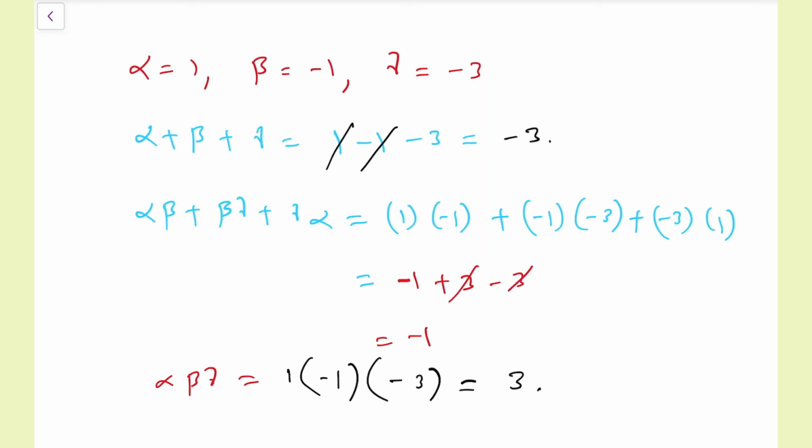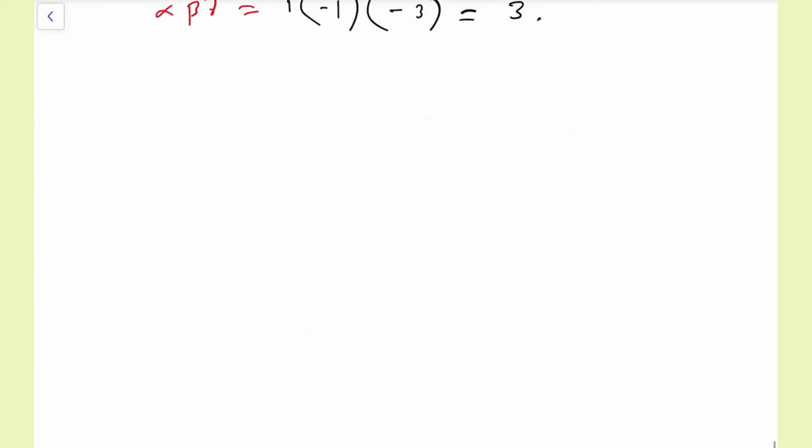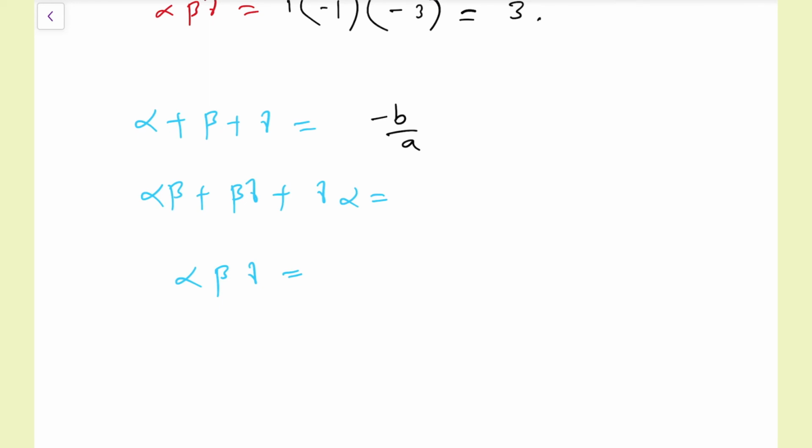So let us check it out now. Alpha plus beta plus gamma is minus b by a, alpha beta plus beta gamma plus gamma alpha is c by a, alpha into beta into gamma is minus d by a.